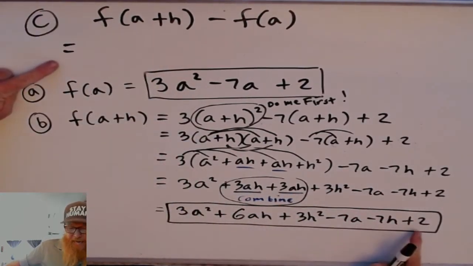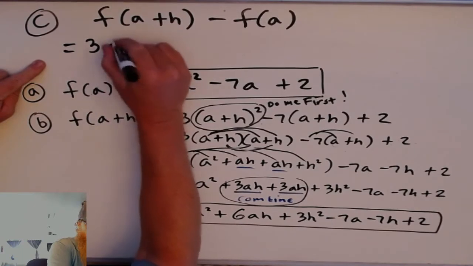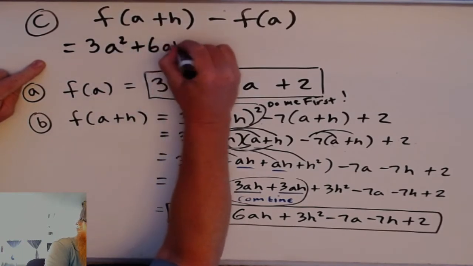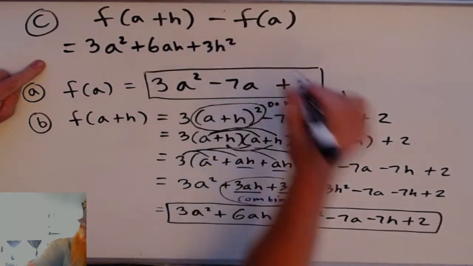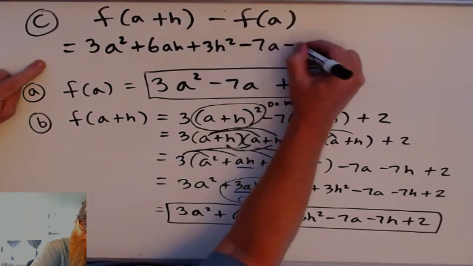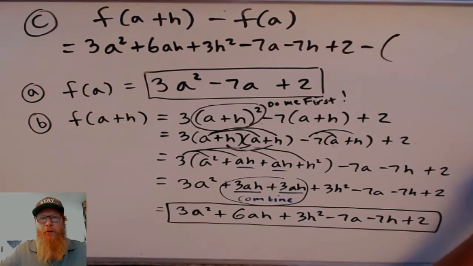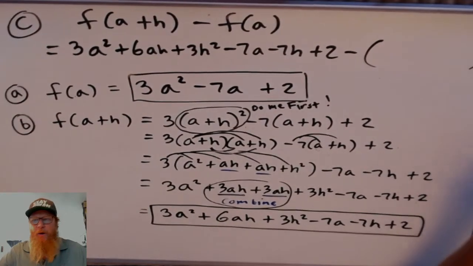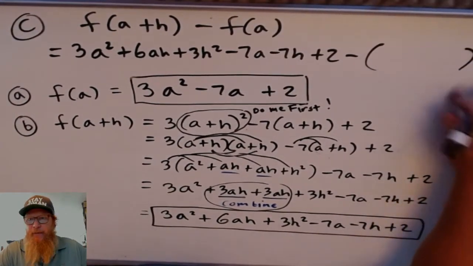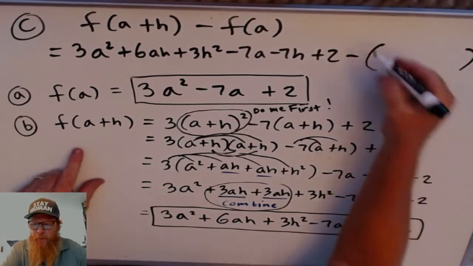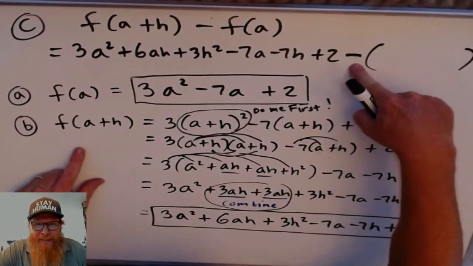So part B goes first. Then make sure you put parentheses around part A. You must use parentheses because you are subtracting.